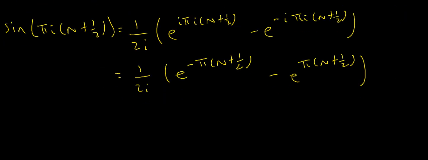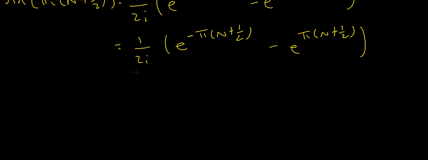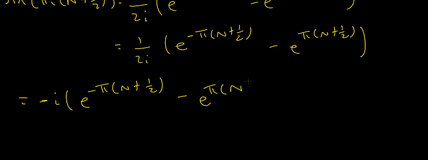Now I'm going to write 1 over i as minus i, just to make things clearer. So that's minus i times e to the power of minus pi (n plus a half), minus e to the power pi (n plus a half), all over 2.